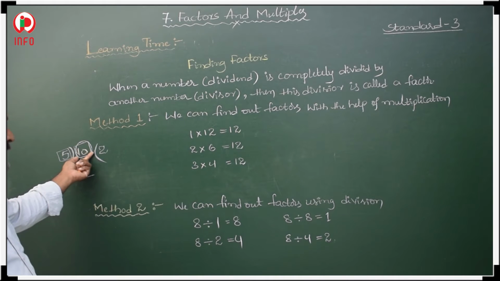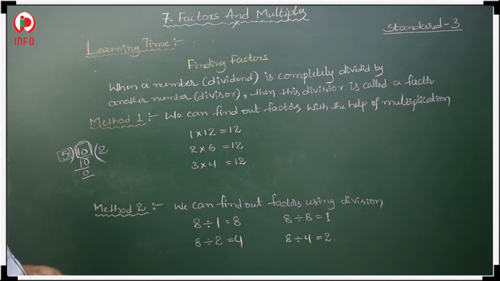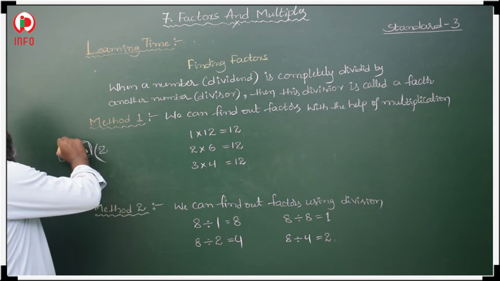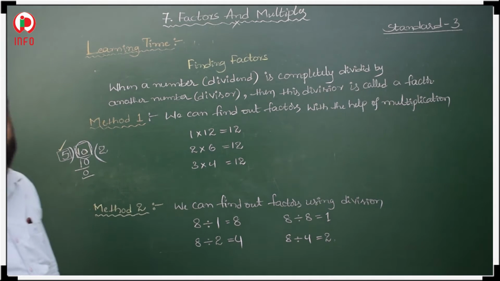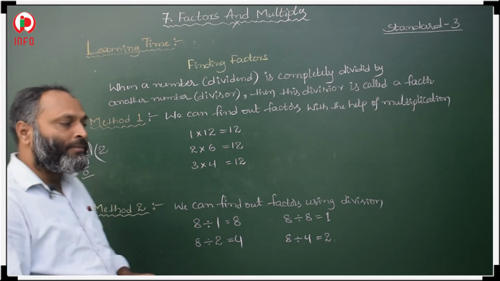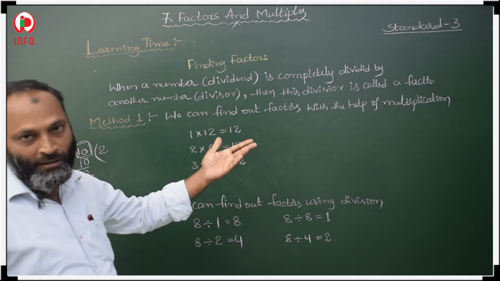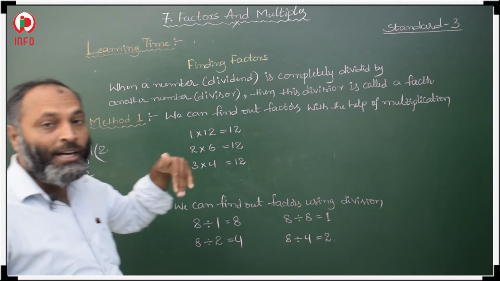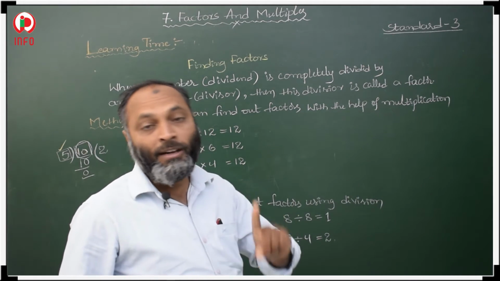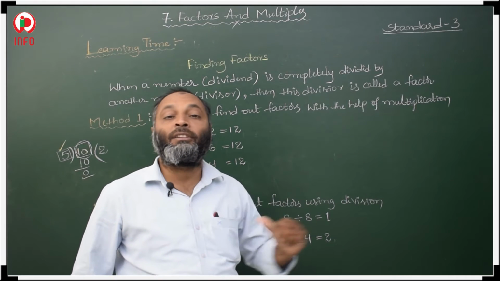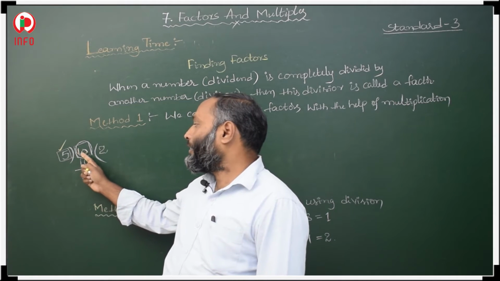This dividend 10 is completely divided by the divisor. So this divisor is called a factor. So when the divisor completely divides the dividend, the divisor is the factor of the dividend.